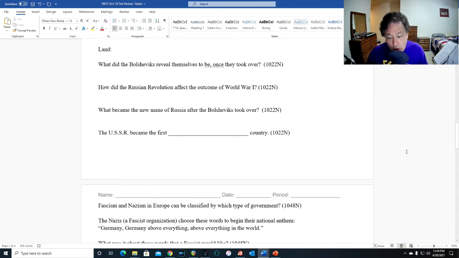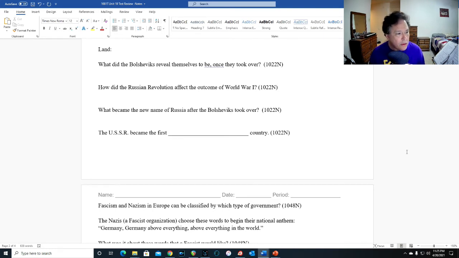Russia got out of the war, and the Central Powers of Germany, Austria-Hungary, the Ottomans, and Bulgaria, they might have won, except that the United States had joined just a short time later, and that tipped the balance in the favor of the Allies.